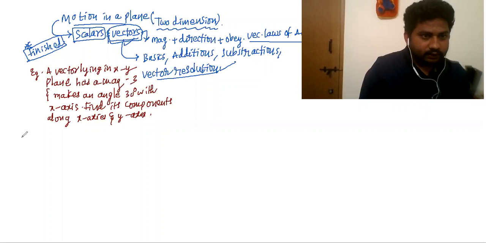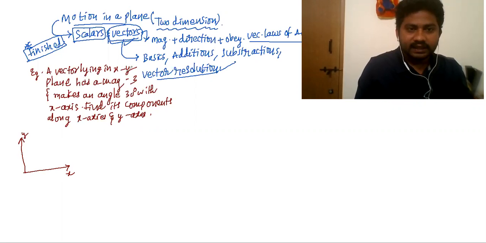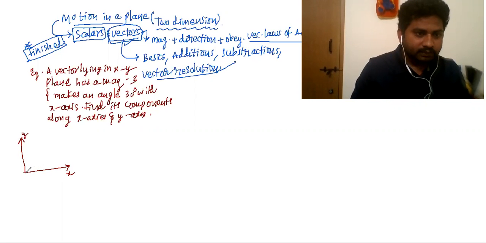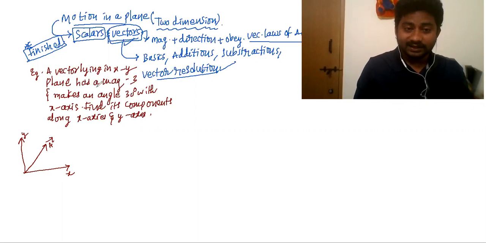This is the vector of my observation, my dear students. Look here. This is the x-axis and this is the y-axis. Now the vector is lying in the xy plane, so let me say there is a vector called A bar, lying in the xy plane.